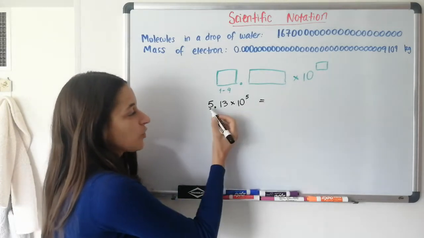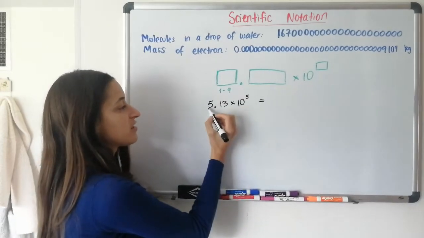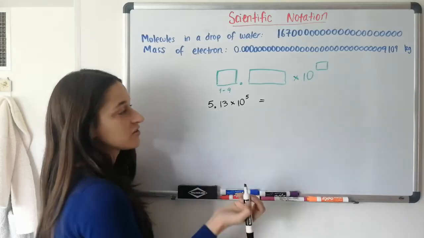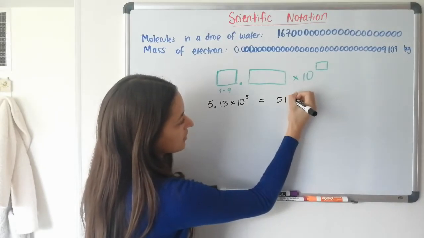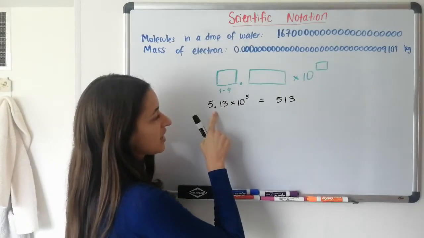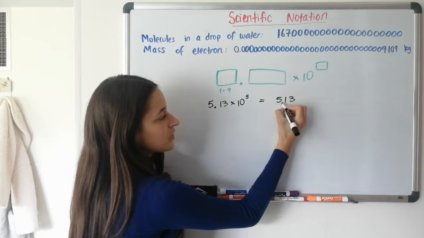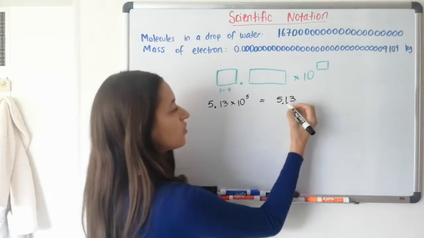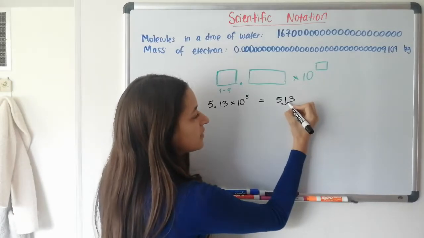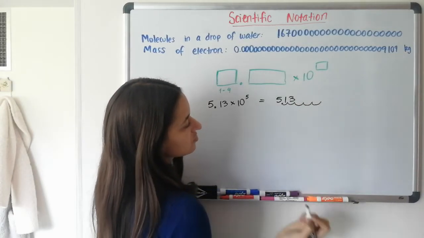So in this case, to convert this number to standard notation, we first write these numbers that we have here, but without the decimal point. So it's a 5, a 1, and a 3. And then we move the decimal point that used to be here 5 places to the right. So it was here, and we move it 1, 2, 3, 4, and 5 places to the right.